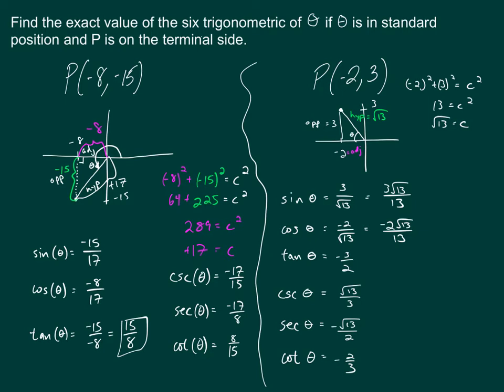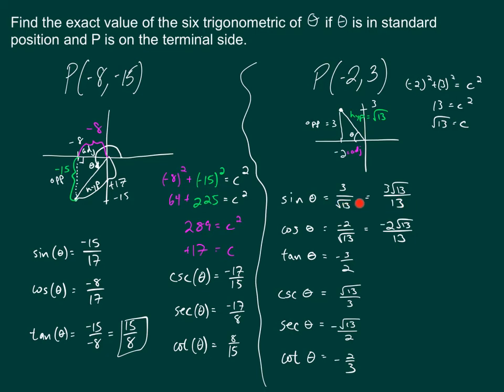So I can go through and do opposite over hypotenuse, adjacent over hypotenuse, opposite over adjacent, find the reciprocal of all these, and I'd be done, except in the denominator again here, there's a square root of 13. So you would need to multiply top and bottom of this fraction by square root of 13 to rationalize the denominator. And that just gets the square root out of the denominator.